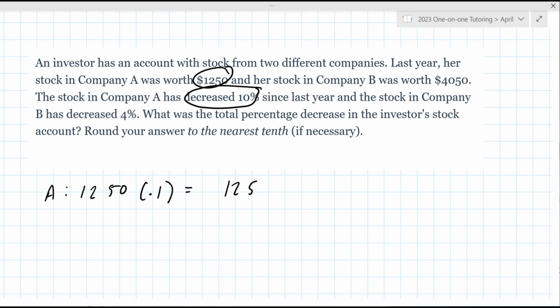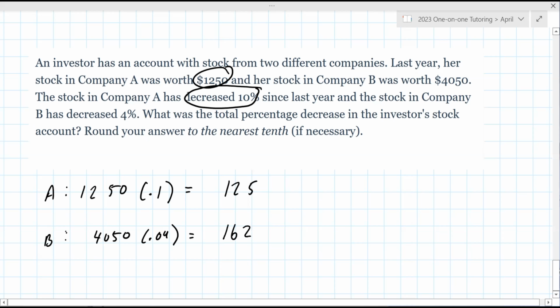And company B, its decrease is, it was 4,050, 0.04. You want to calculate that for us, please? $162.